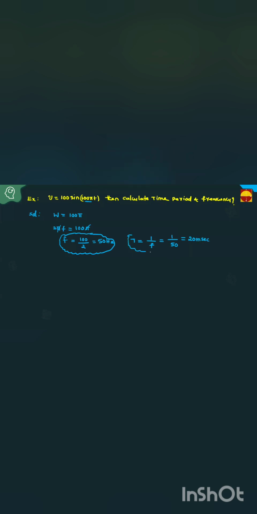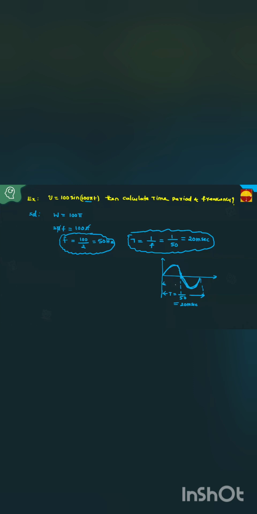What do you mean by a 50 Hz waveform? This is the 50 Hz sine wave. Time period equals 1 by 50, which is 20 milliseconds. So one cycle is 20 milliseconds.